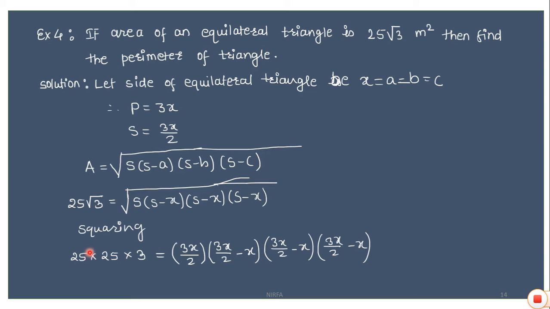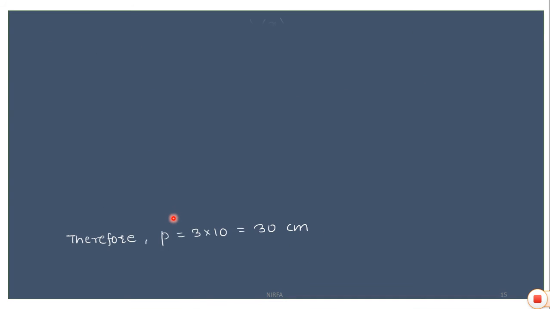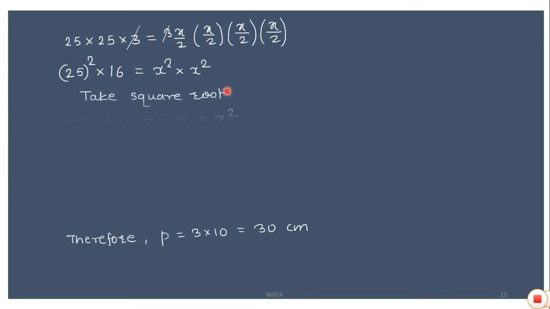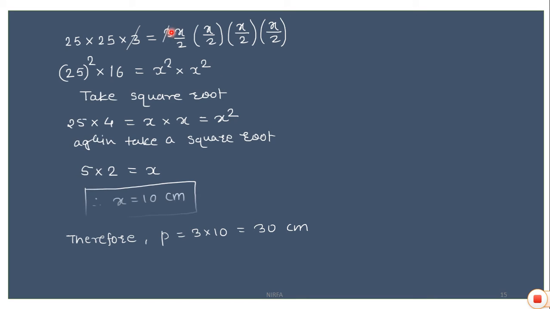You don't write it, because we have to simplify this. That's why I am writing the square of 25 as 25 into 25. Square of root 3 is 3. So that's why I've got this type of expression. This 3 and this 3 get cancelled.